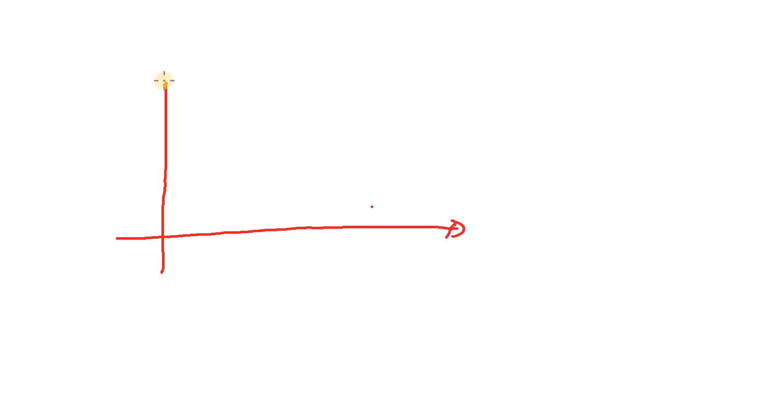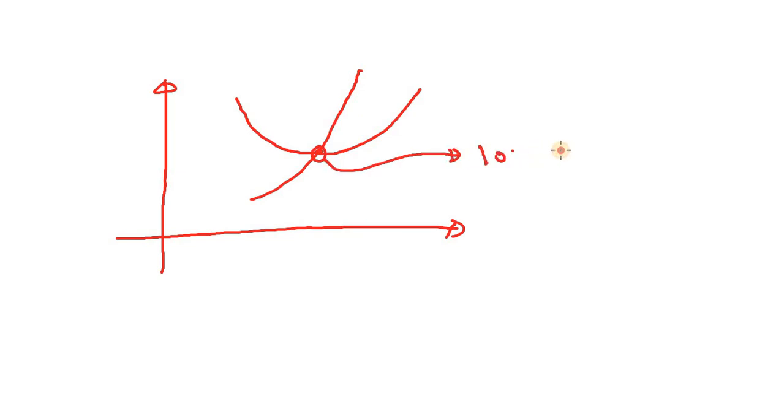Because of this relationship, this will always happen. The marginal cost and the average total cost will always intersect at the lowest point of ATC. This is the lowest point of ATC, this is your marginal cost, this is your ATC. Please think about this, try to understand this.